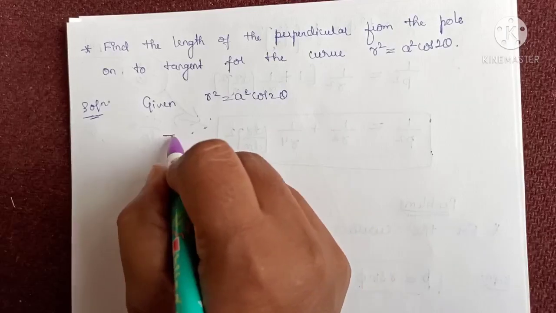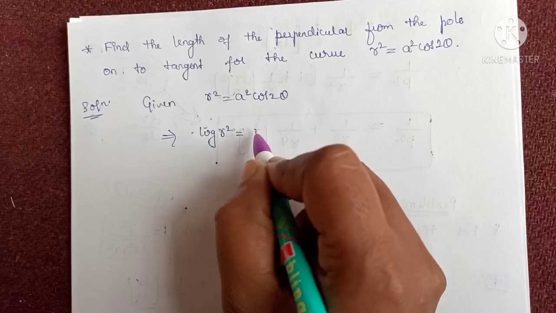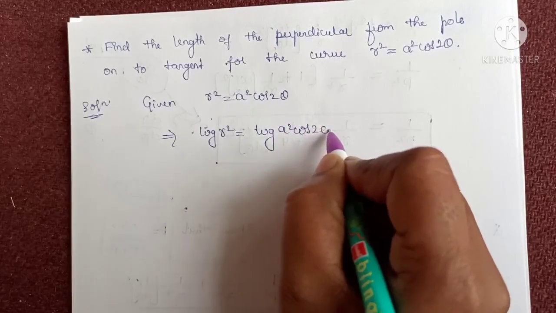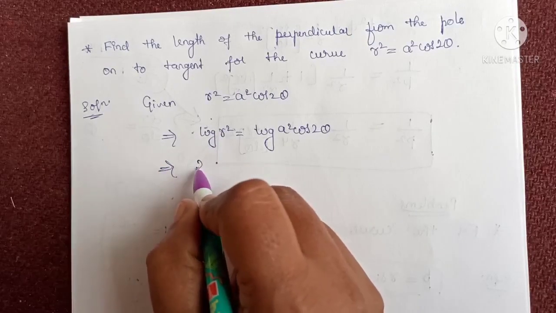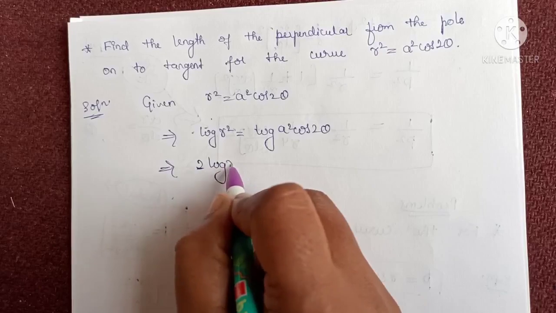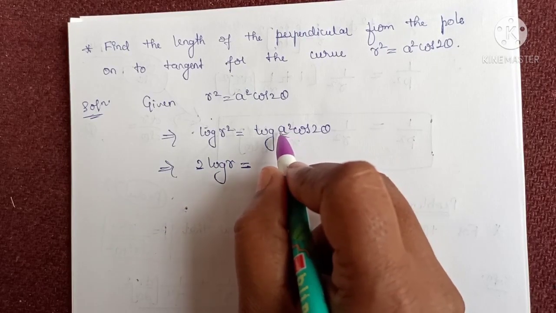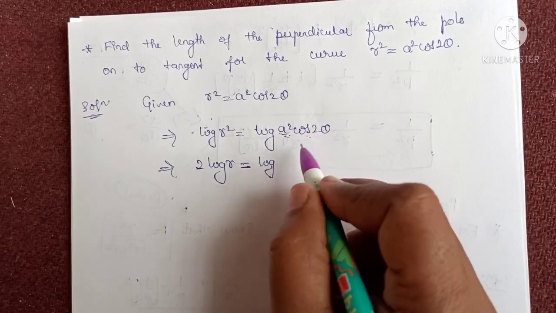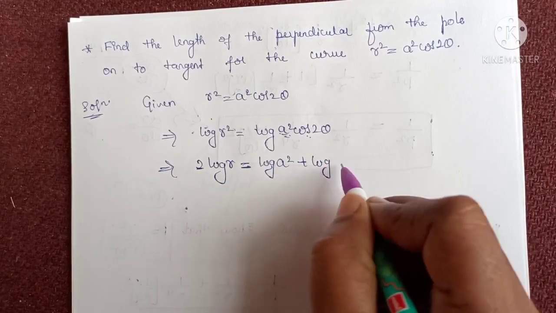Taking log on both sides we get log of r square equals log of a square cos 2 theta, or 2 log r equals, since log of m into n can be written as log m plus log n.